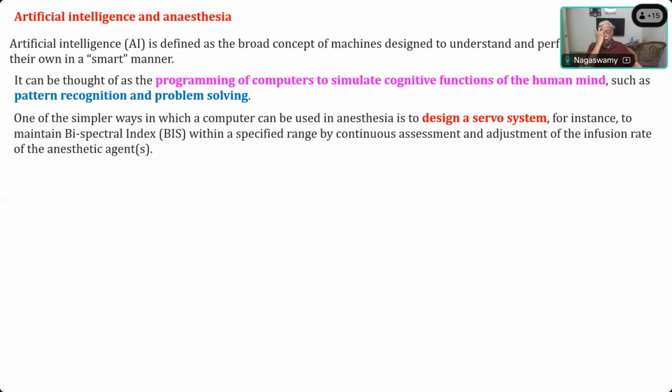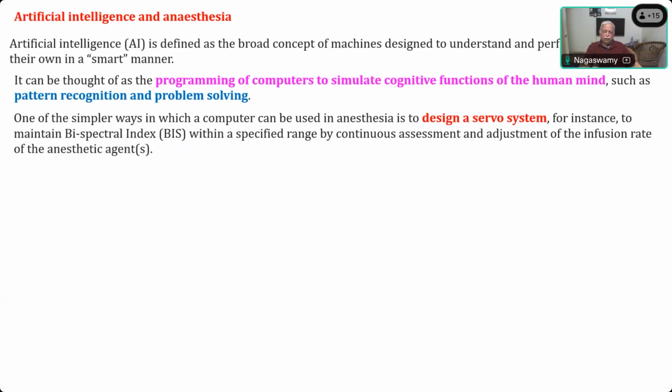So when you do a surgery using total intravenous anesthesia or target controlled infusion anesthesia as a main maintenance technique, instead of you adjusting the infusion pump dose or the rate of infusion, the machine itself understands.